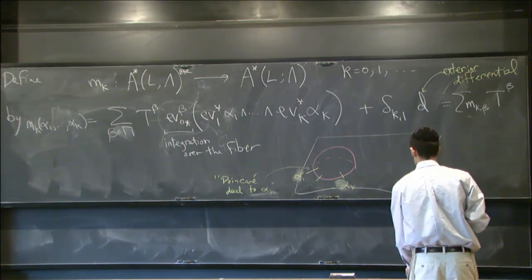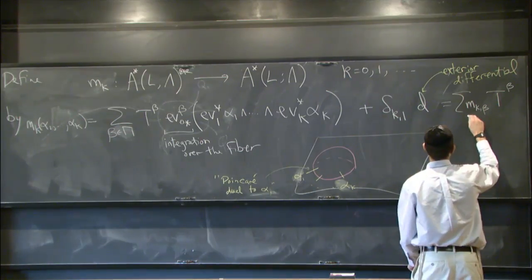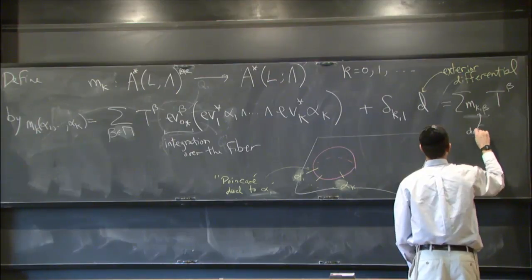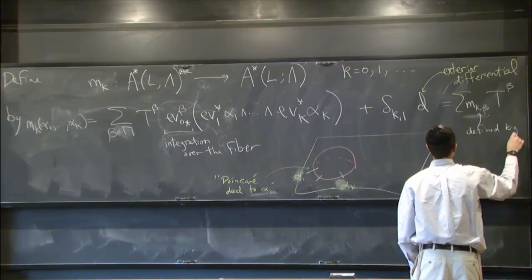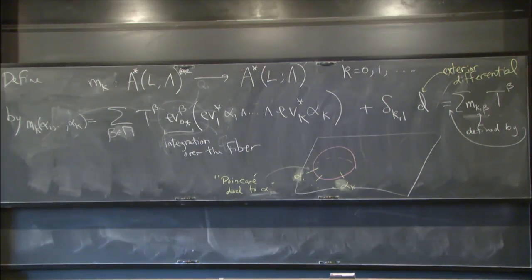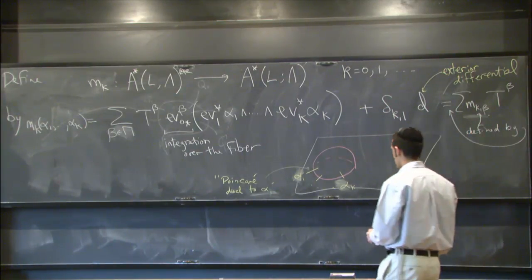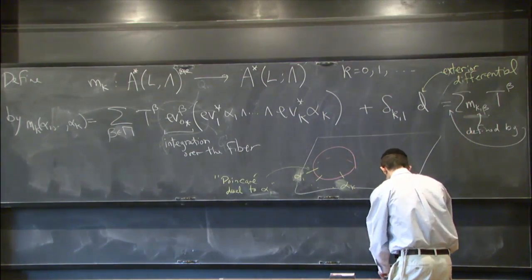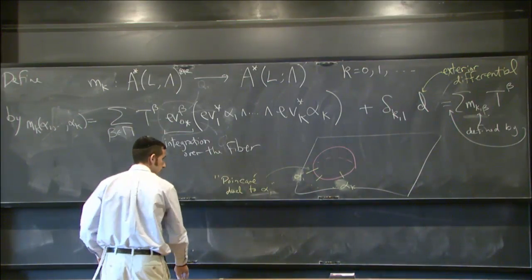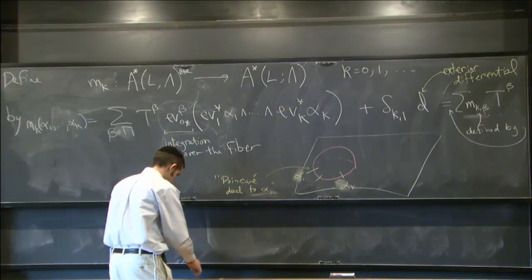So this is defined by this equality. So just look at the coefficient of t to the beta, and here you get m k beta. And I'm going to draw m k beta.